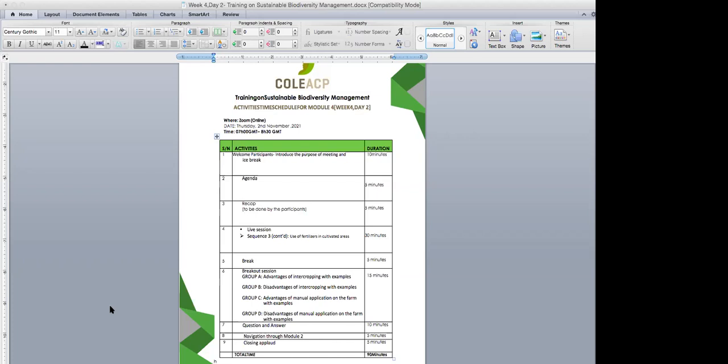Then we have a question and answer period, and after that, we're going to navigate from module 2 and remind us of all the things that we need to do. And then we also go through the training and evaluation module.